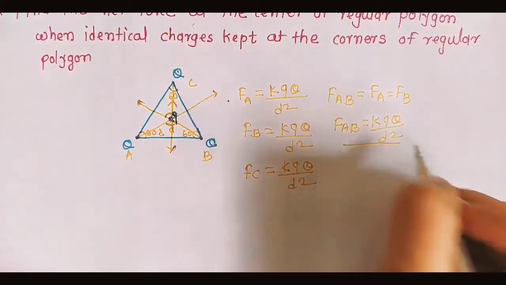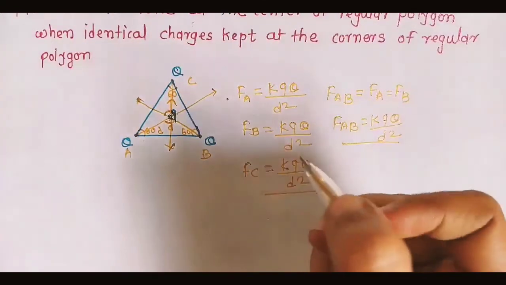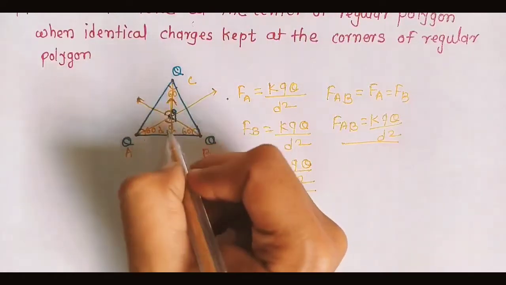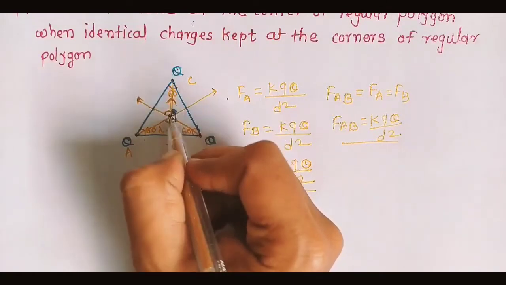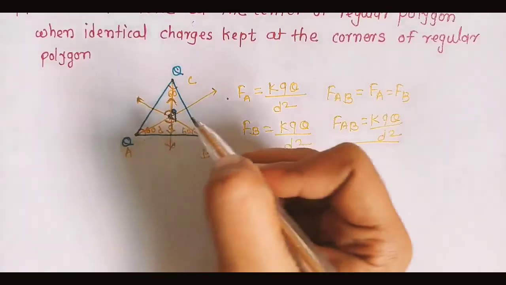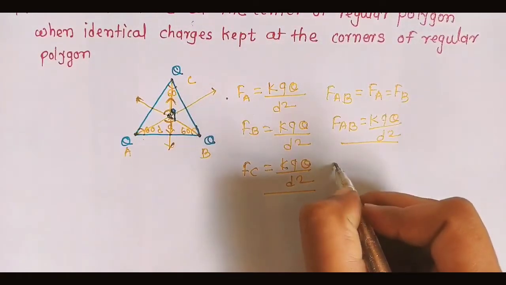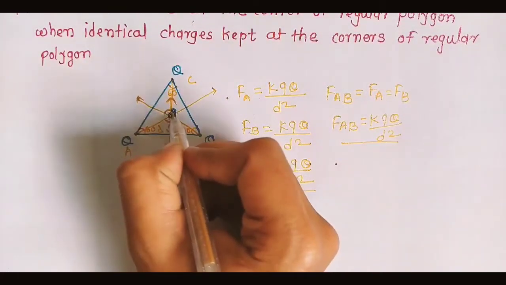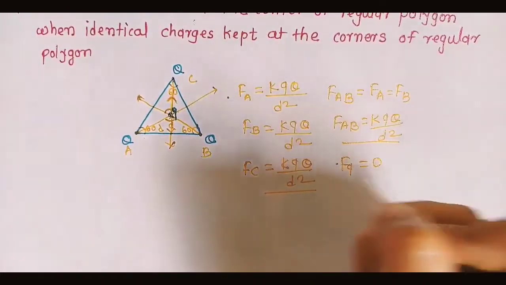Here Fab and Fc are both equal in magnitude, but the direction of this resultant and the force exerted on charge Q due to this charge Q is opposite. That's why they both cancel each other. So here the net force on this charge Q, Fq, is equal to 0.